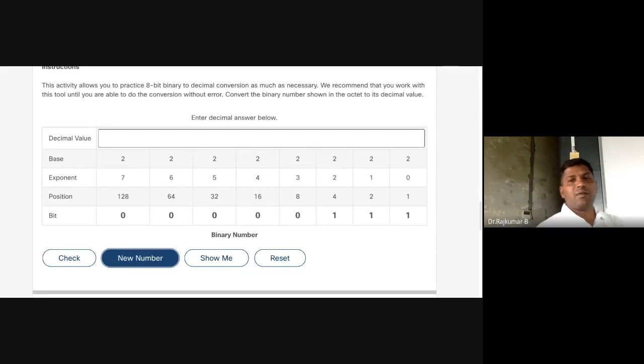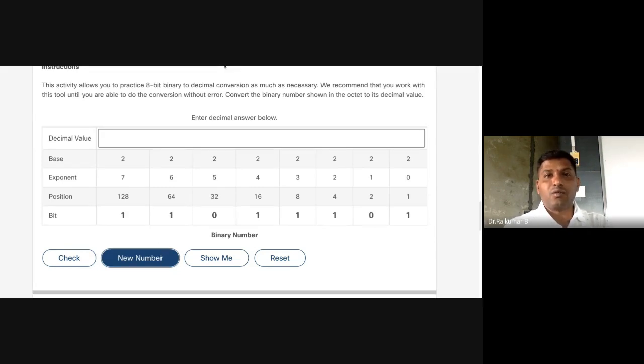Now see what is the value of this. These are only 8 bits. We are converting binary into decimal of only one octet. It is 7: 4 plus 2 plus 1. Good. So last one.